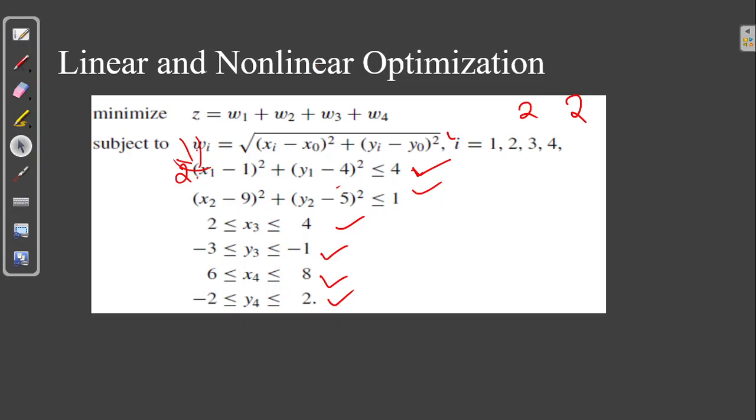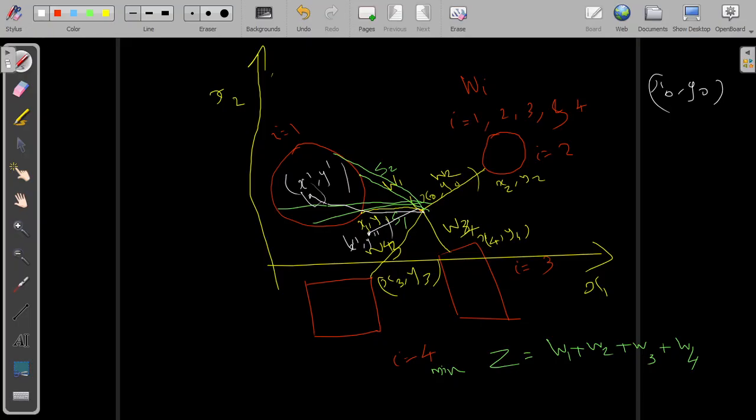So that means you have to minimize this z, or first of all minimize w1, in such a way that the other point should lie on this circle, or it should also lie inside. No problem for that also.